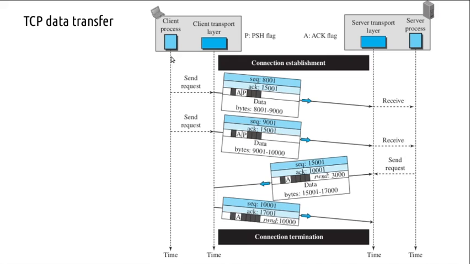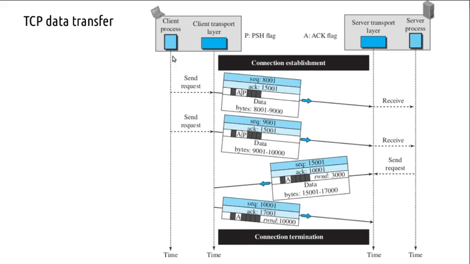Now sometimes it requires that when that buffer quantity is reached, only then it will make a segment and send. For instance, it specifies that when I receive 1000 bytes here, I'll make a segment and send. Here also, maybe the server side has decided that when I get 500 bytes, I'll make a segment and send to the destination.